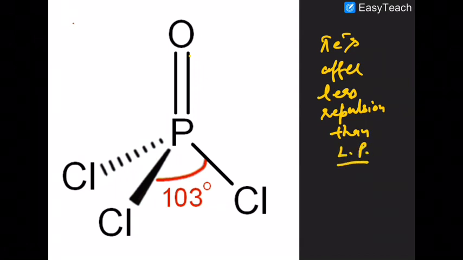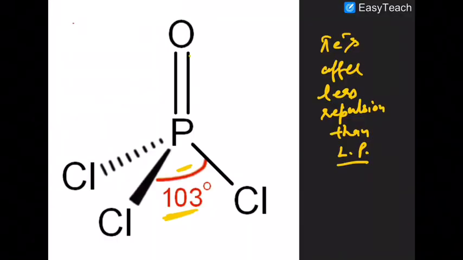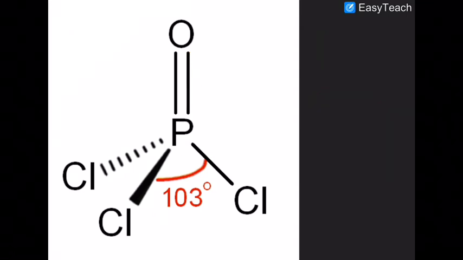So due to that, you have a bond angle of 103. Look at that, the bond angle of PCl3. It is 101. Are you sure about that or not? Okay, understood?